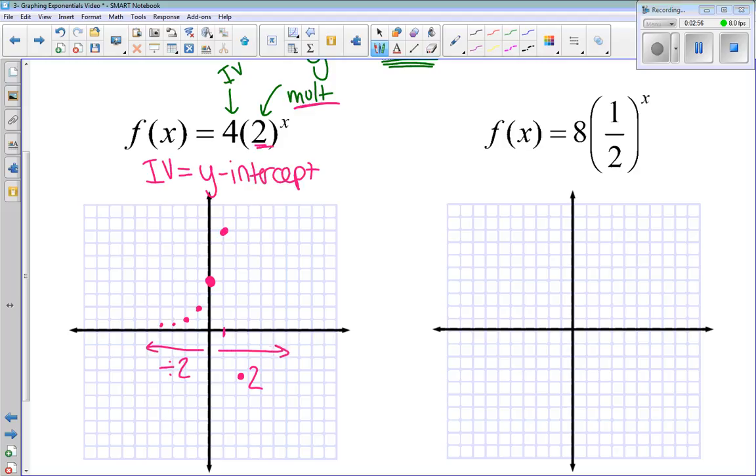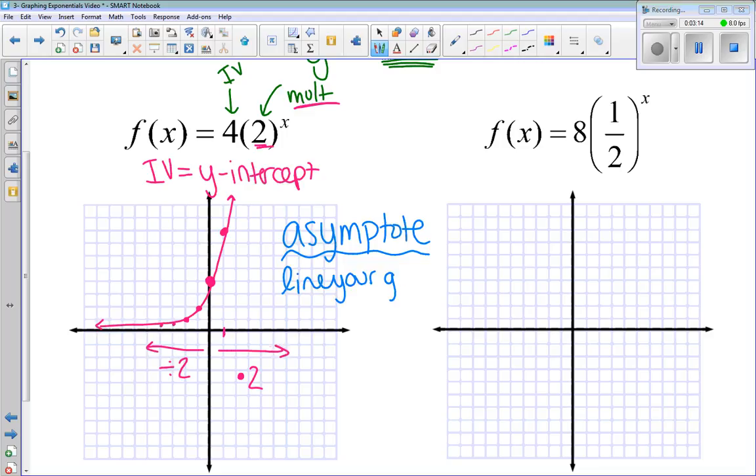What we have down here is called an asymptote. So add this word to your notes. Asymptote. Okay? An asymptote is a line your graph approaches but never touches.